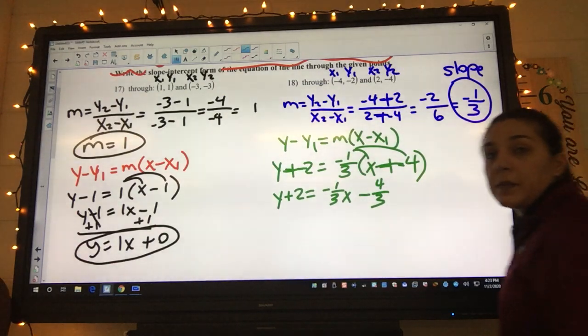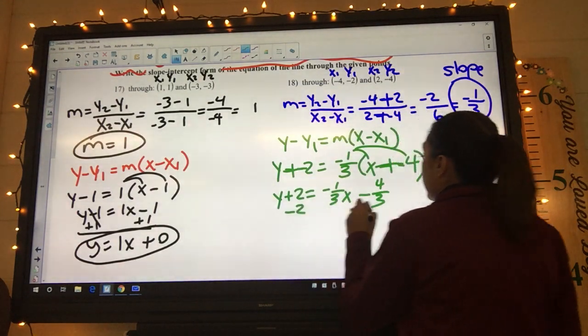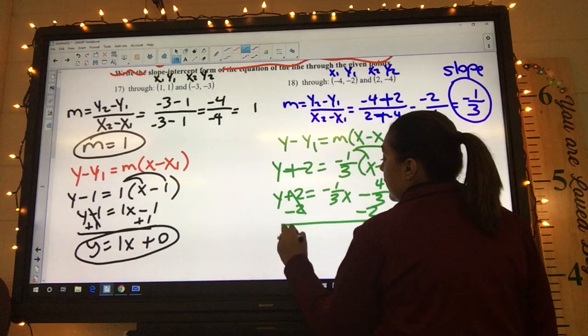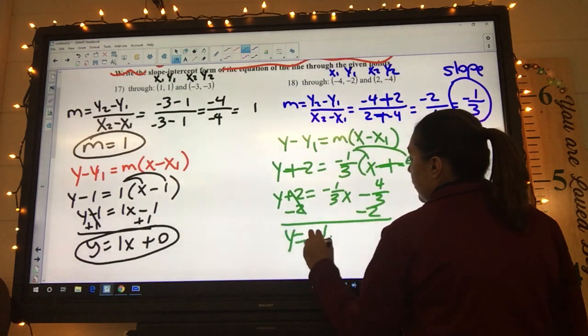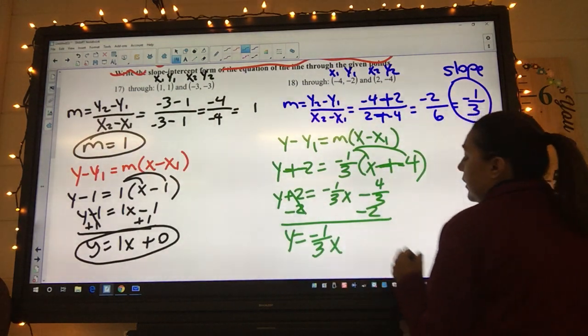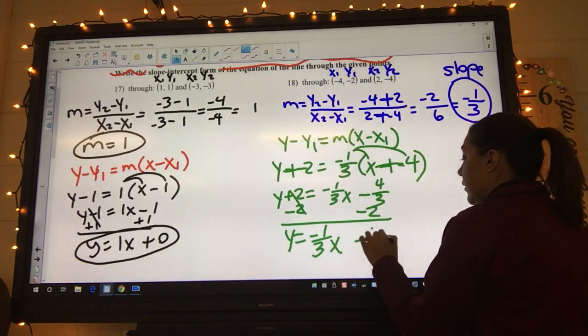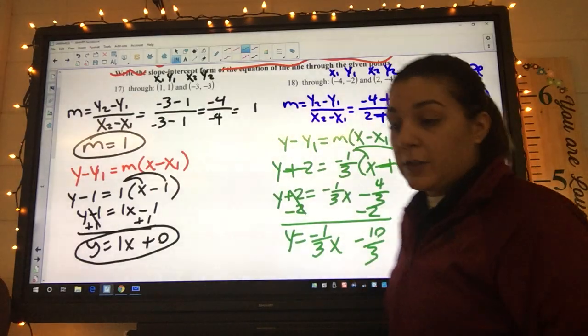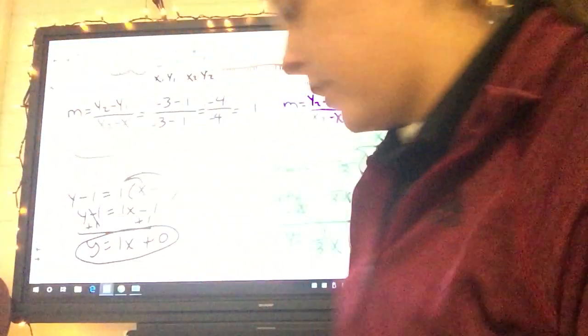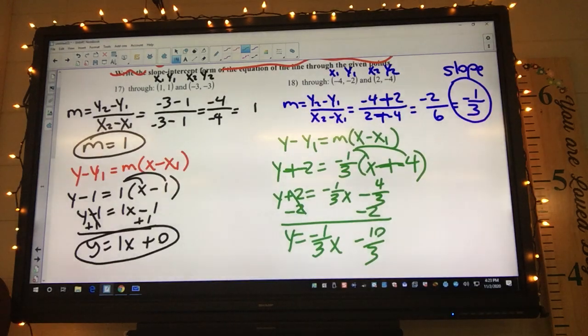And then my last step is going to be to subtract 2 from both sides. So I got y equals negative 1/3 x, negative 10/3. Let me double check that. Fractions is not my best work.